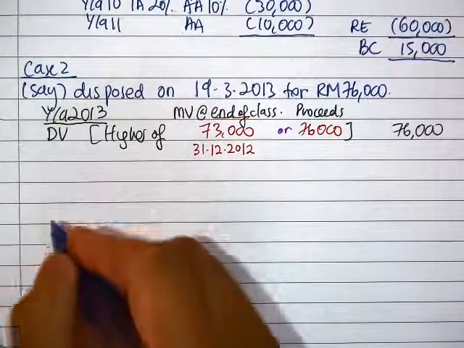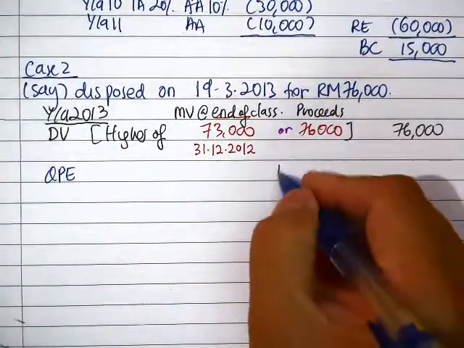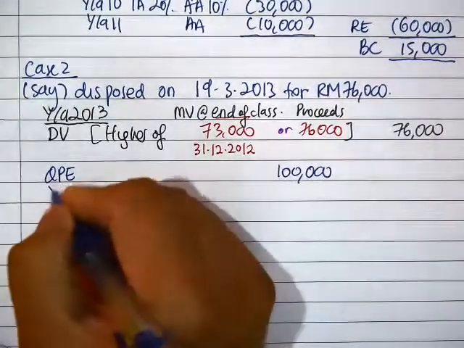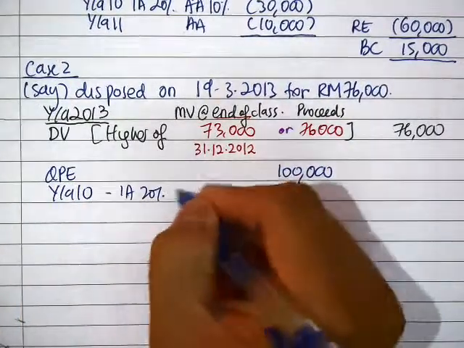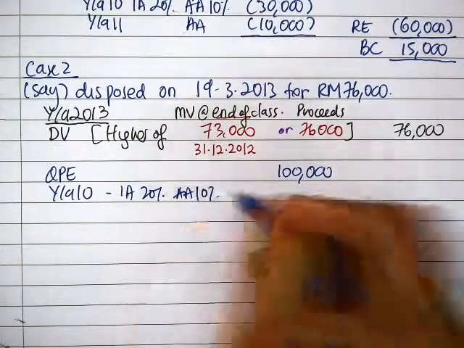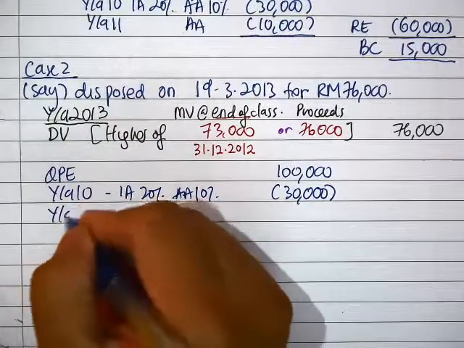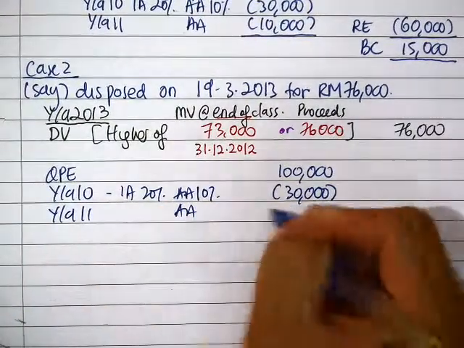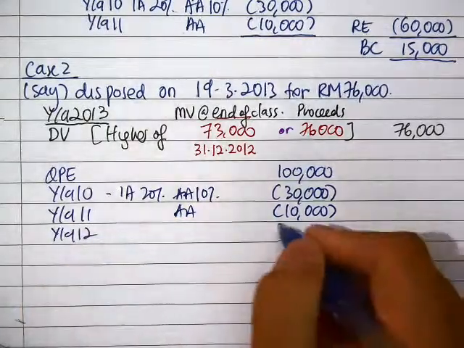Now, see, we're going to do the same way. Qualifying plant expenditure, 100. Now this time your claim initially is all the same. YA 2011 and YA 2012.